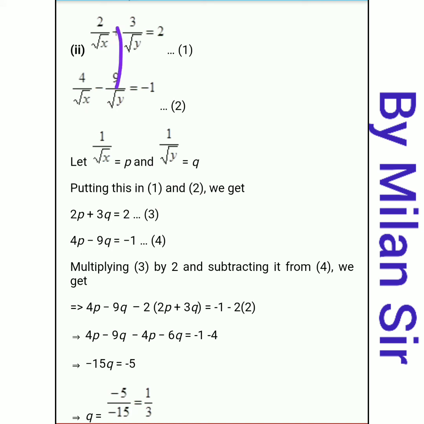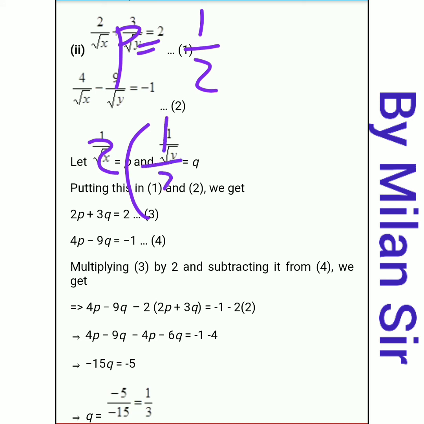Now for finding out q, put p is equal to 1 by 2 in equation number 3. We can put this value either in equation number 3, otherwise in equation number 4. Right now I am going with equation number 3. So here we have 2p.